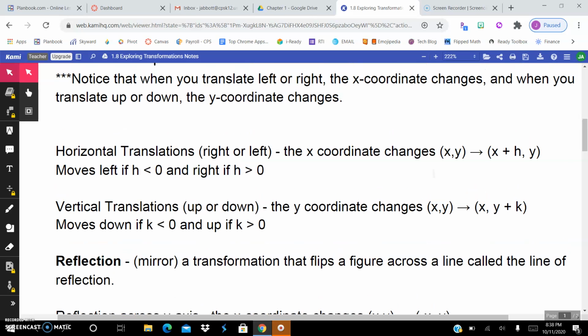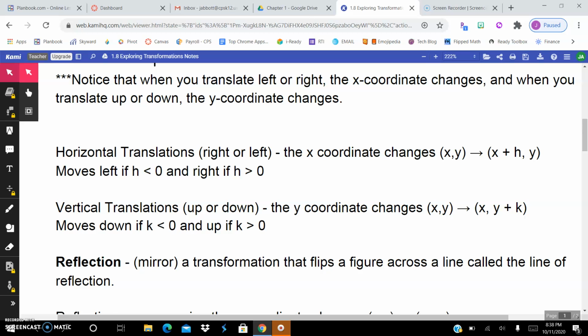If we're going to slide 4 units to the right, we're going to add 4 to the x. If we're going to slide 4 units to the left, then we're going to add a -4 to that x value. And vertical translations work the same way, except the y coordinate is changing. If we're going to slide up, we're just going to add a number. Let's say we're moving 3 units up, so we'd add 3 to the y coordinate. If we're going to slide down 3, then we would add a -3 or subtract 3 from our y coordinate.